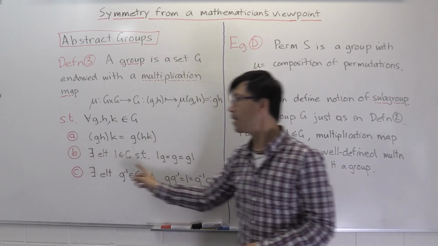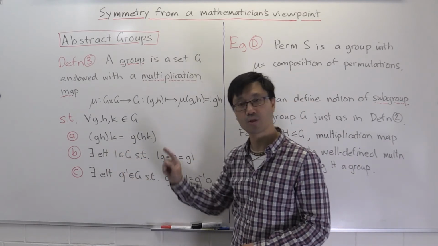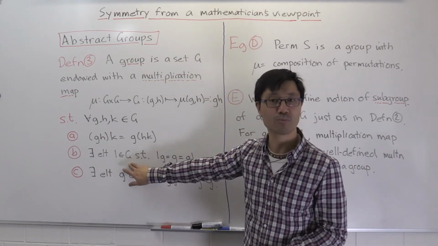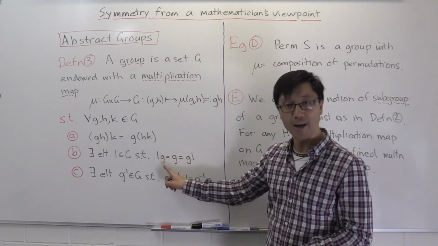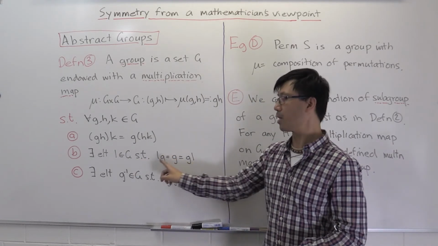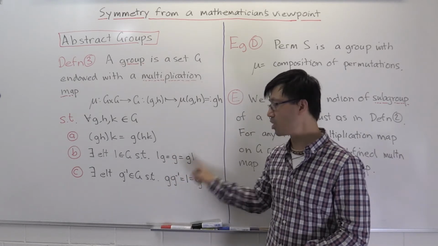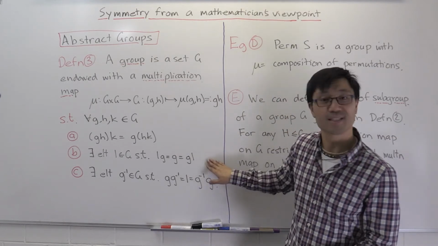The next axiom is the existence of an identity element. What does that mean? There is some element 1 inside this group G which has the following special property: if you multiply by this 1, it doesn't change the element. In other words, 1 times G is always equal to G for any G in the group, and G times 1 is also equal to G. That's the second axiom.